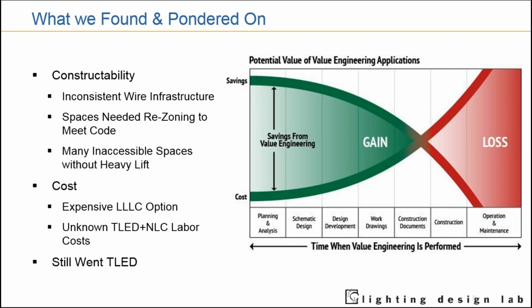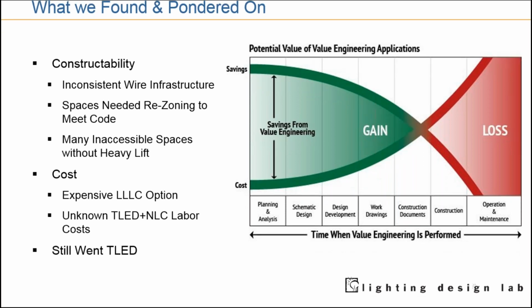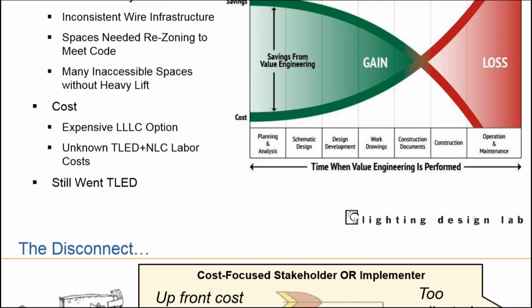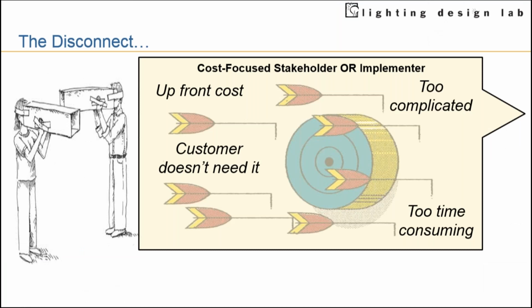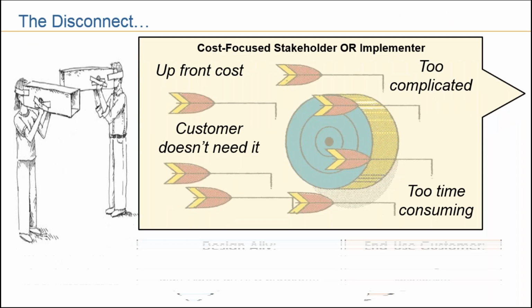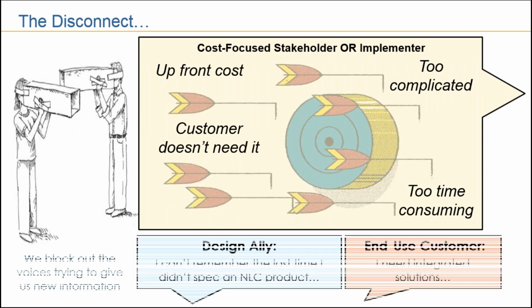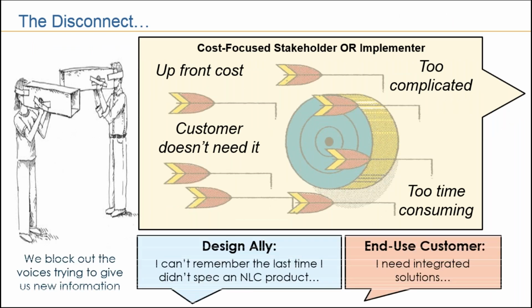And that comes from a disconnect where you have very cost-focused stakeholders or implementers that, as I mentioned, focus on the upfront cost and don't want to overcomplicate a project, in the sense of, hey, the customer doesn't need LLC, they just need an LED lamp rather than fluorescent. We don't want to spend that much time figuring out how we're going to implement a complicated technological solution. But you see that disconnect between designers and building engineers saying, I can't remember the last time I specced or designed a project without a network lighting control, a luminaire level lighting control solution.